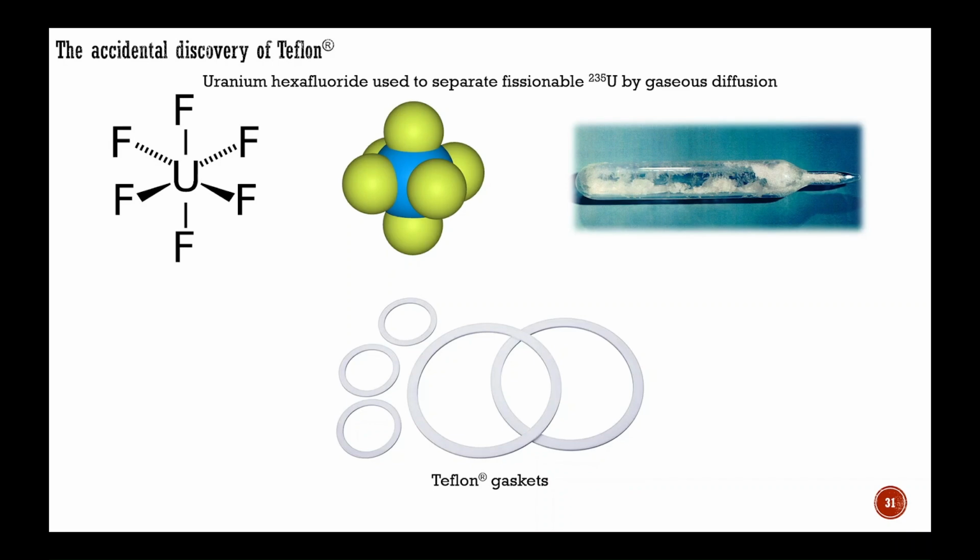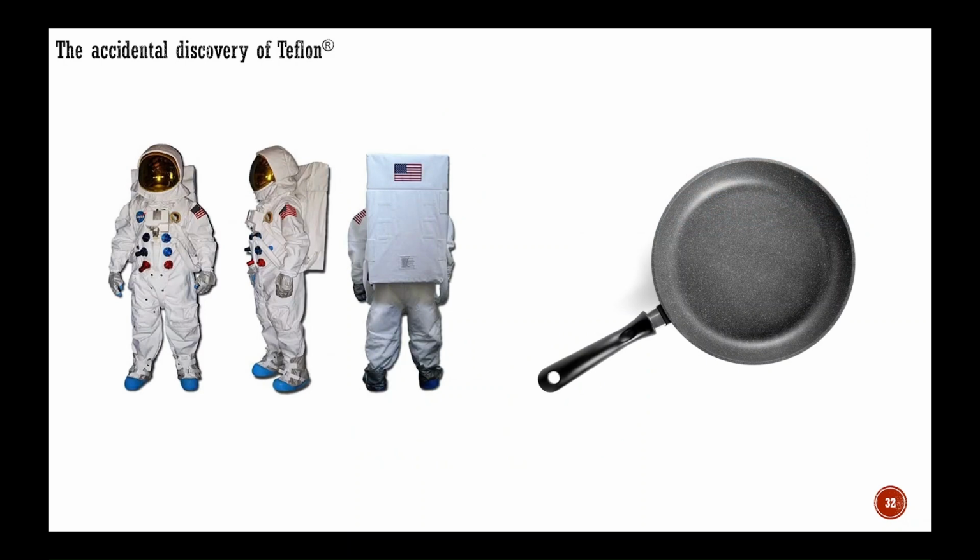Teflon was applied as a gasket material in the separation of uranium-235. Today, Teflon is used in a variety of applications, from nonstick cookware to spacesuits. Plunkett's desire to learn more about something that didn't seem right is a wonderful example of how natural scientific curiosity can lead to remarkable discoveries.